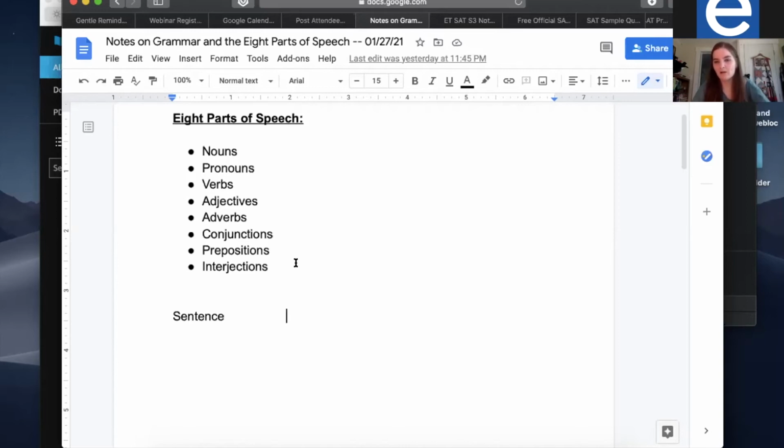I use idea and concept interchangeably sometimes, but they are technically two different things. You should understand what a noun is at this point in your schooling. You should be able to identify nouns, and you should know as well that there are technically 2 different types.